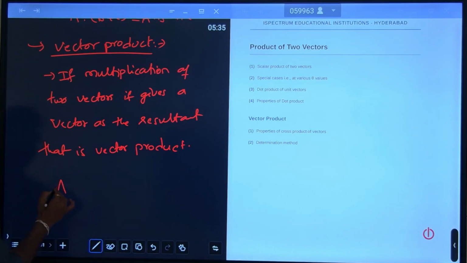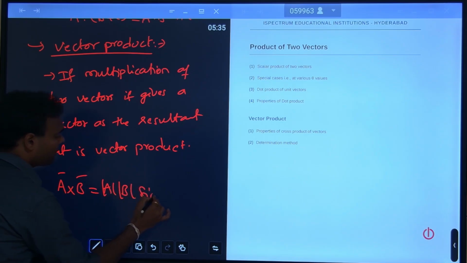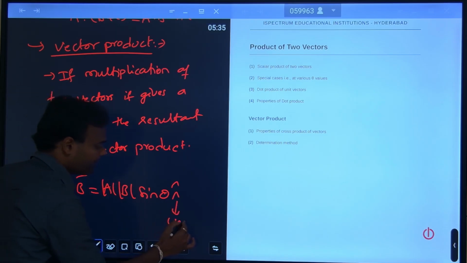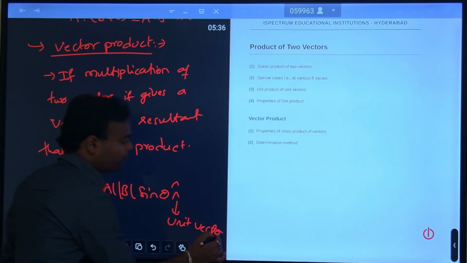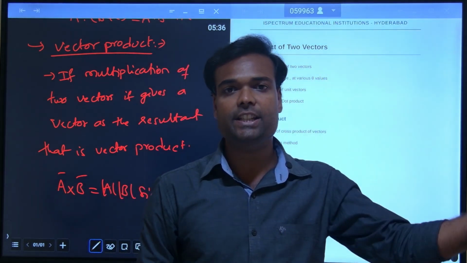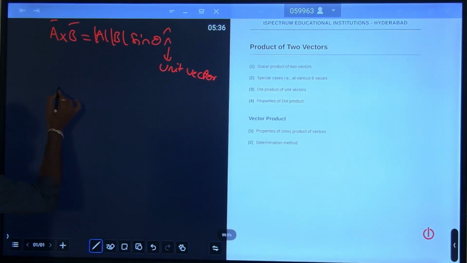So the vector product is represented like a cross b is equal to magnitude a, magnitude b, sin theta n cap. n cap is the unit vector. A unit vector has magnitude 1, but it gives in which direction the resultant is present. For example, i cross j.